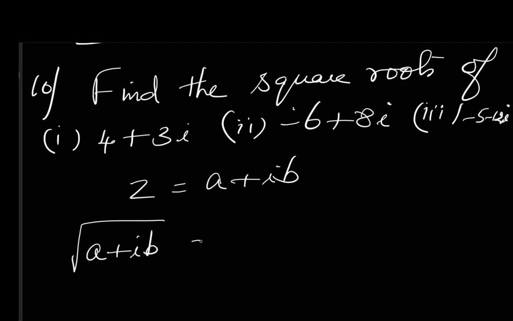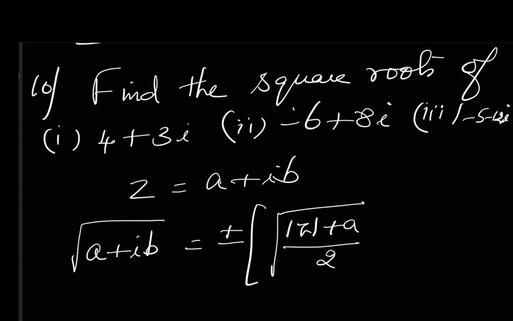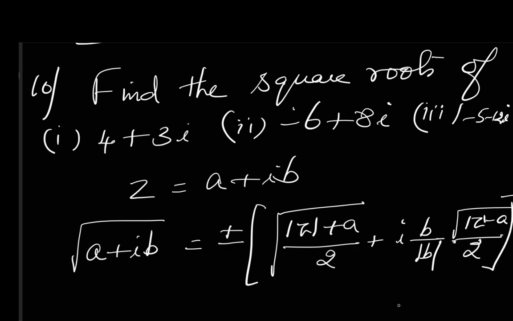See, directly you can apply the formula. This is equal to plus or minus square root of (modulus z plus a) by 2. This is your real part, plus i into b by modulus b, square root of (modulus z minus a) by 2. This is the answer, where b not equal to 0.